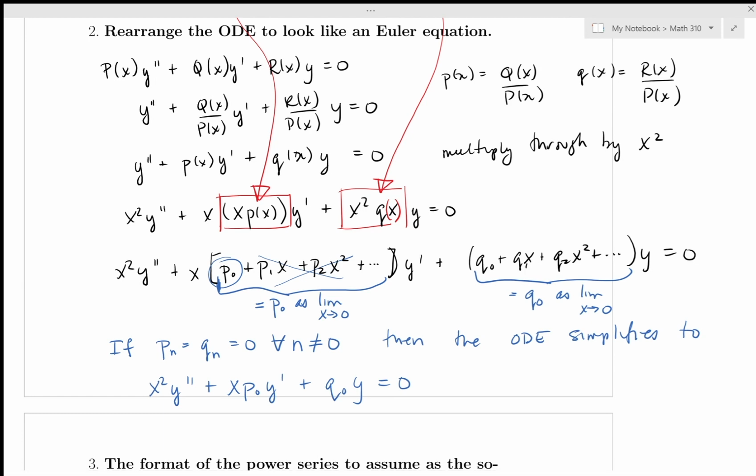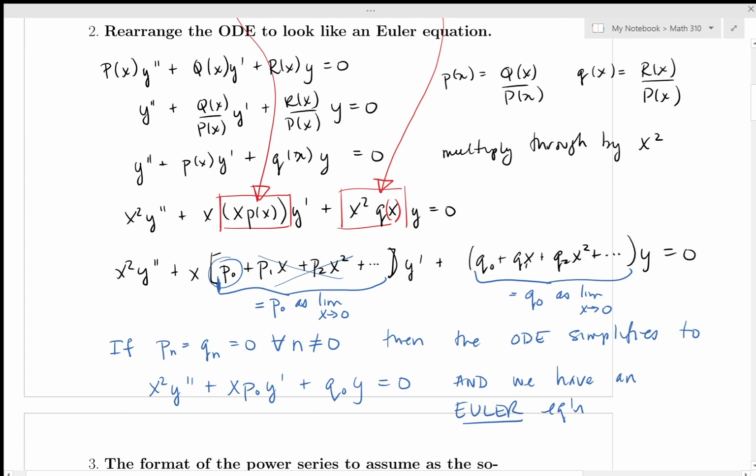This is why it's so important to understand how to solve the Euler equation, because we can rearrange ordinary differential equations, any linear ordinary differential equations, to look like the Euler equation near their singular points, near their regular singular points. Okay, so we're going to use this piece of information to solve these types of equations.